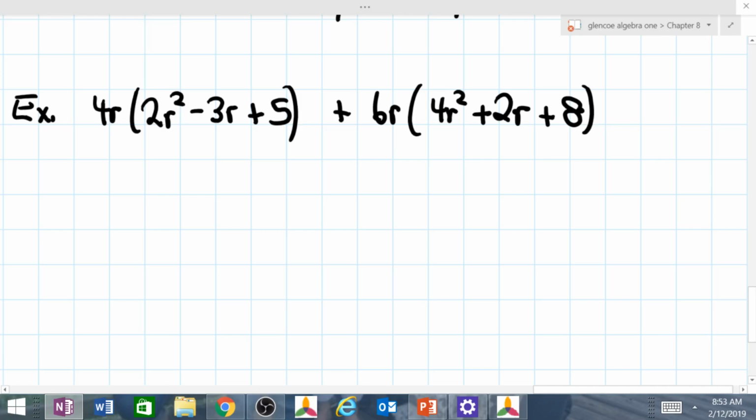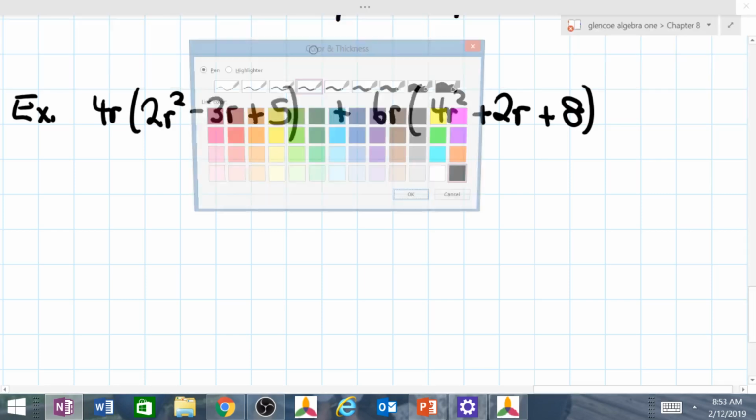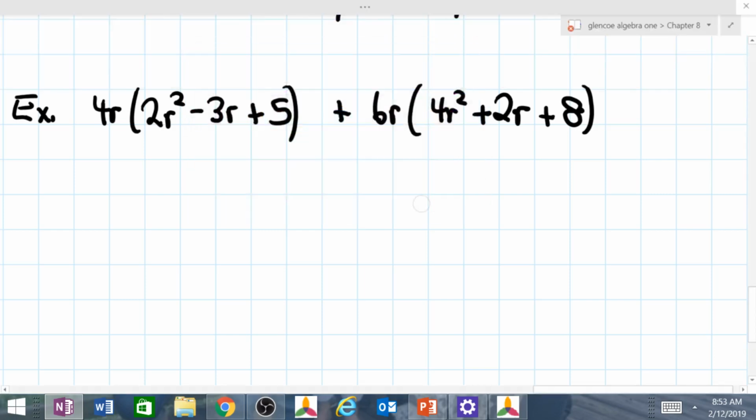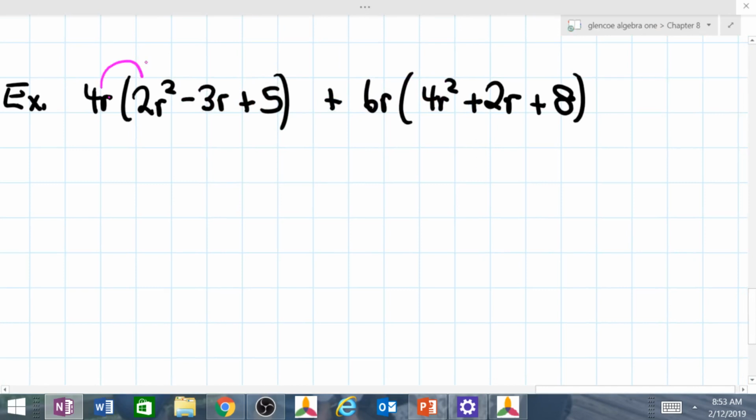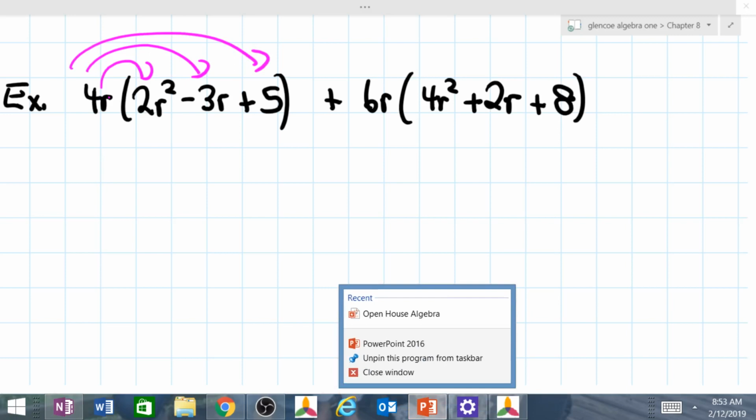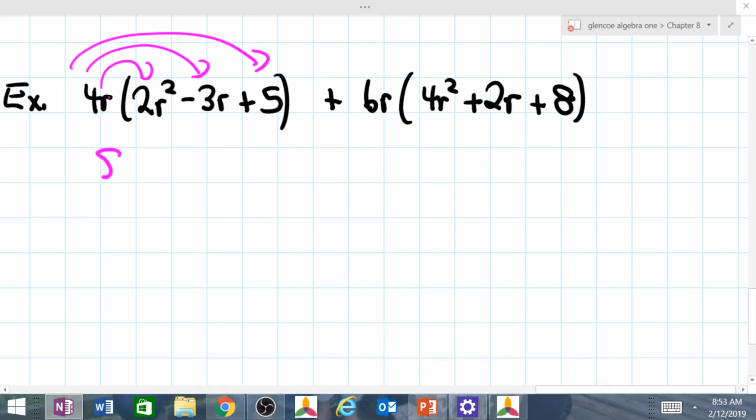Y'all with me? Yes? All right, here we go. 4r times 2r squared is 8r cubed. 4r times minus 3r is a minus 12r squared, and 4r times 5 is plus 20r. Are you with me?